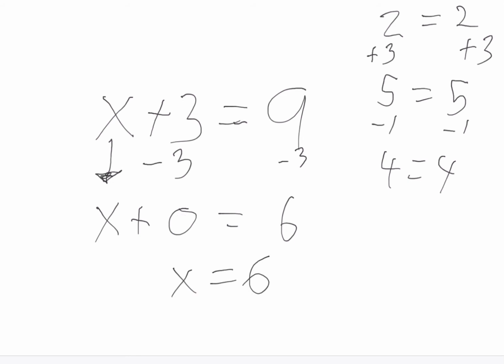Do you see what happened here? I got rid of the 3, putting the variable by itself, x by itself, and now I know what the value of x is. What's the value of x? It's 6. Now we want to check our answer to see if that's right. So if I think x equals 6, let's come up here and I'm going to erase x and write in 6 here, okay?